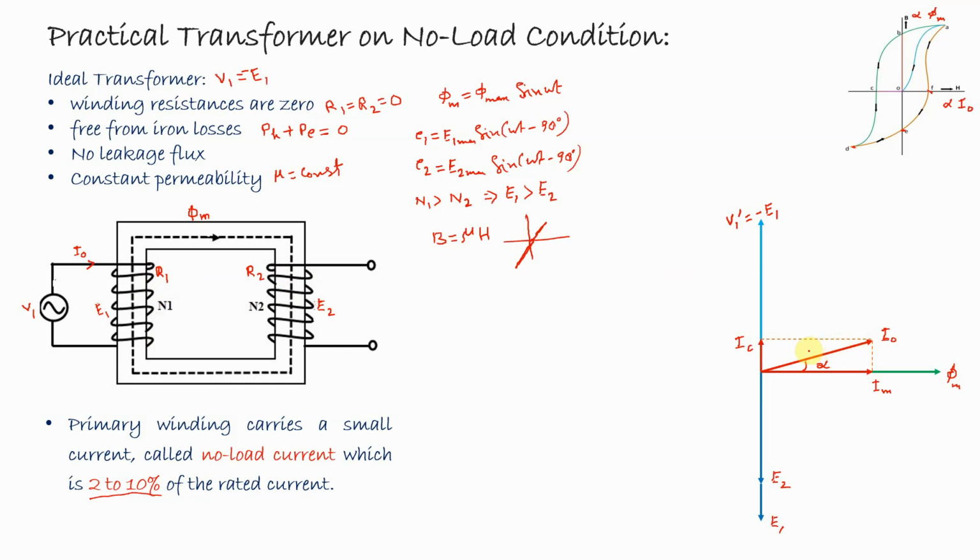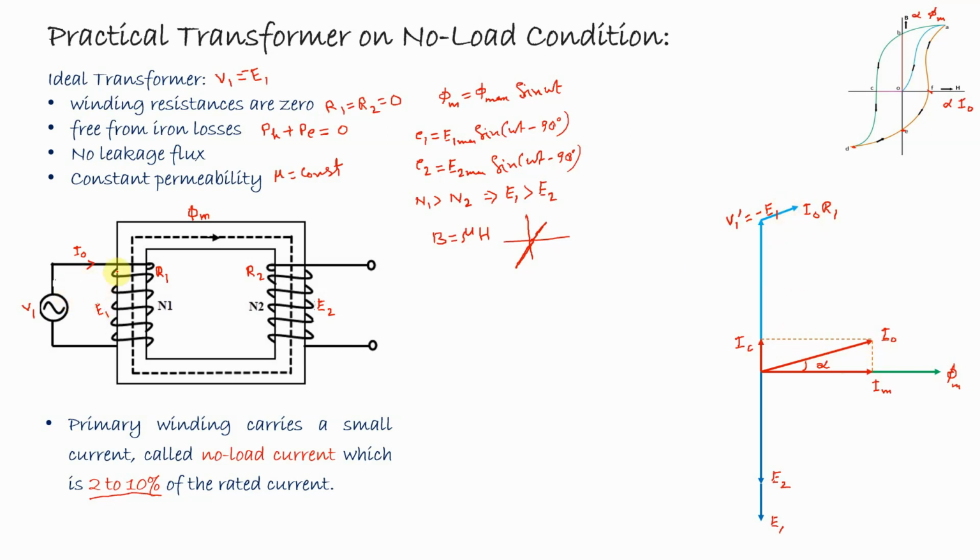That means the phasor of the voltage drop in the resistance of the primary winding should be in phase with the current I naught. This can be drawn here. Here we have drawn the voltage drop, which is I naught into R1, the voltage drop in the primary winding. Definitely it will be in phase with the current, so it should be parallel.